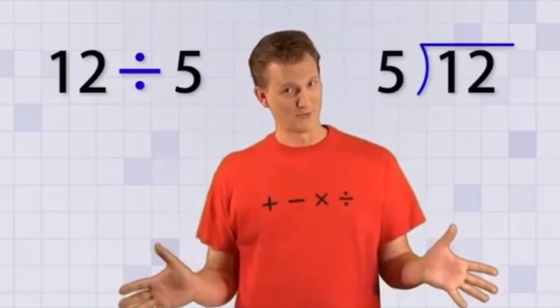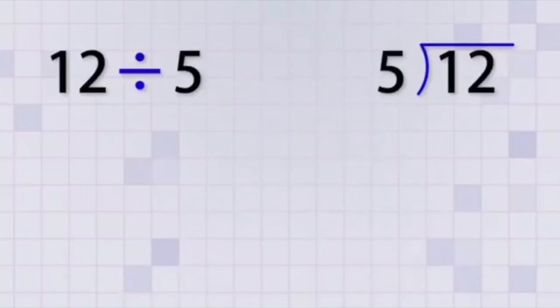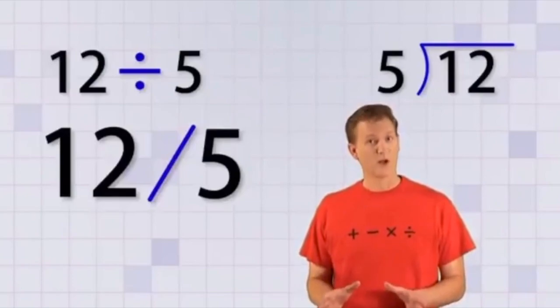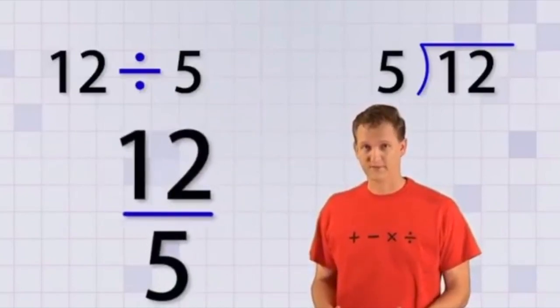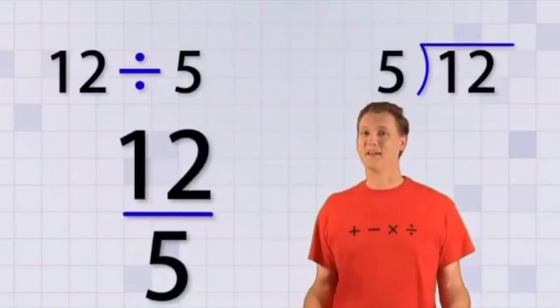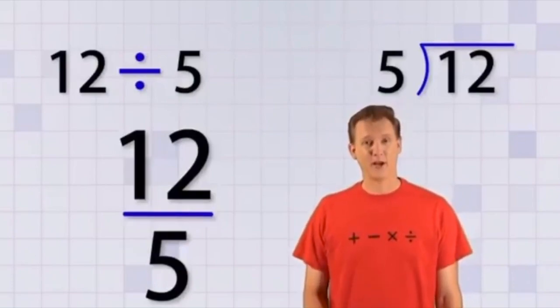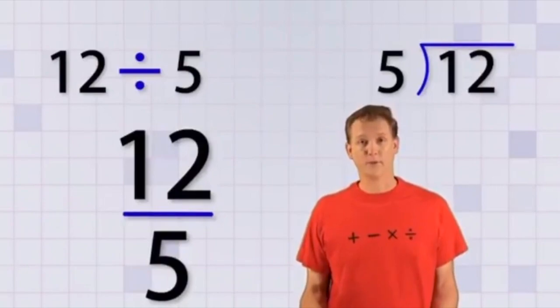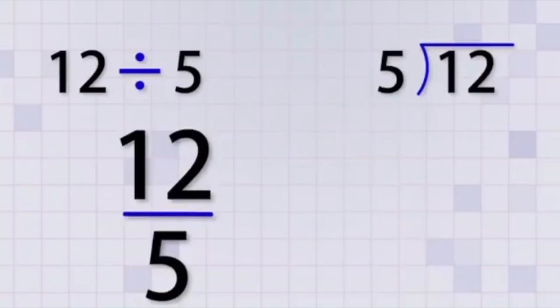But wait, there's more. Some of you who use computers a lot might have seen division written like this. That slash is just another way to write the division symbol. Now this one's interesting. Watch what happens when we rearrange it a little bit. Look familiar? Yep, it's a division problem that looks like a fraction. That's because a fraction really is a division problem, but we treat it like a number. The line between the top and bottom numbers is just another way of writing the division symbol.